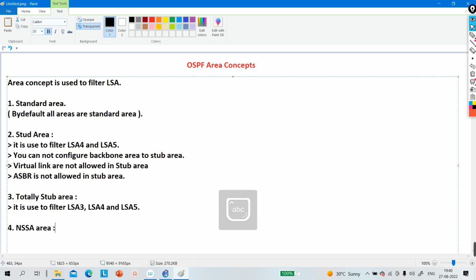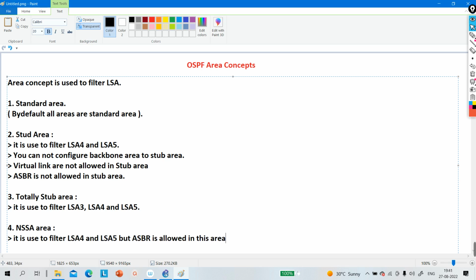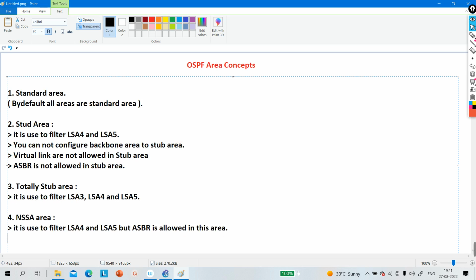NSSA area is used to filter again LSA 4 and LSA 5, but an ASBR is allowed in this area.